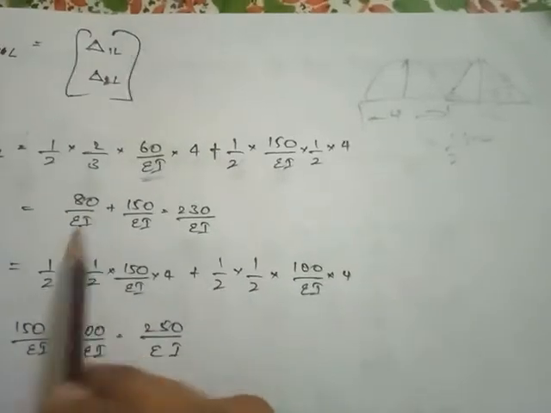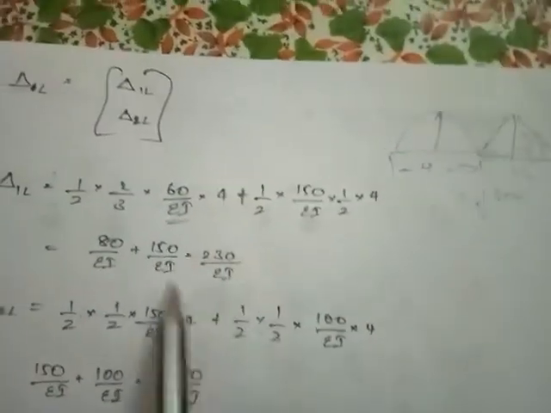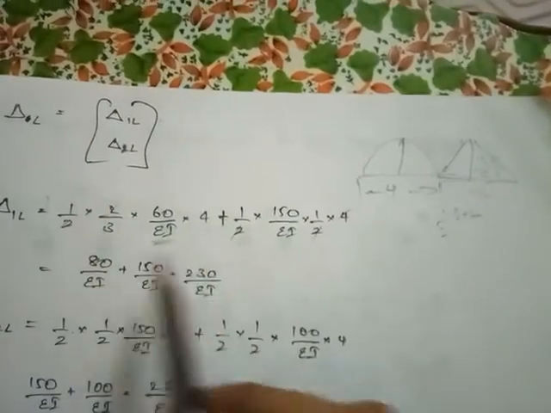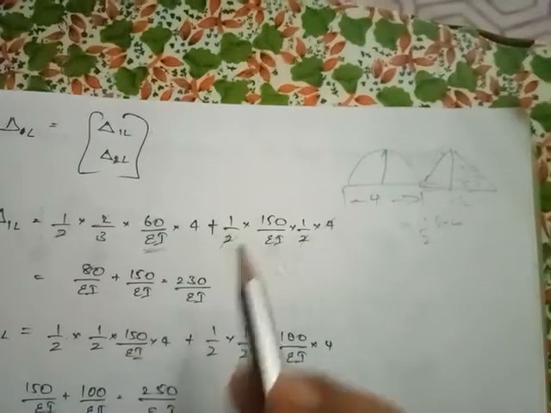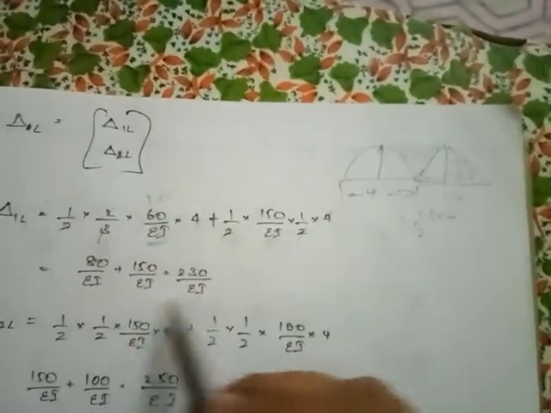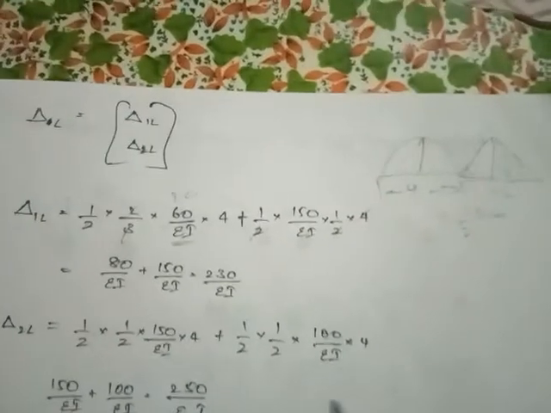So that is 80 by EI plus 150 by EI, it is 230 by EI, where the 2 and 4 cancel out, 4 by 3. So 80 plus 150 by EI.